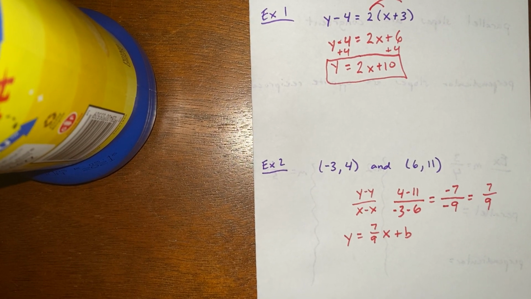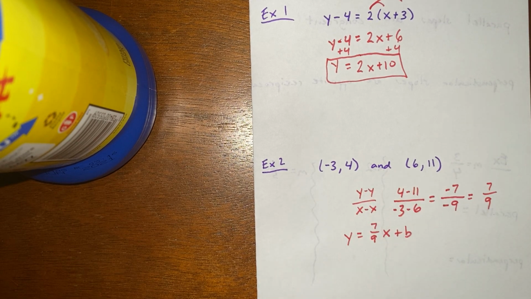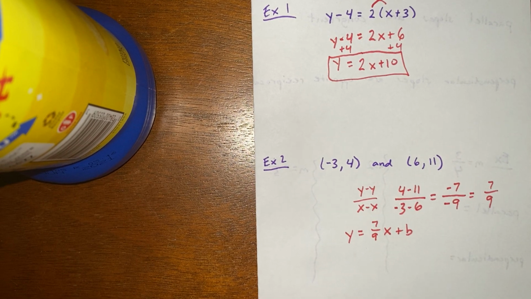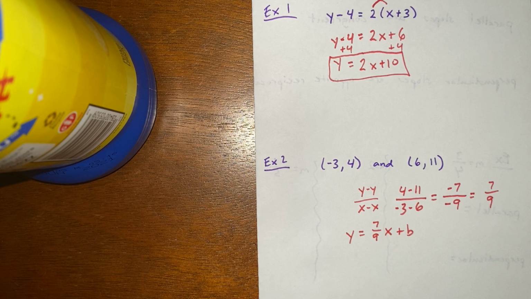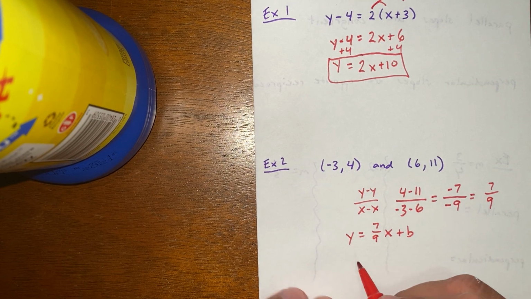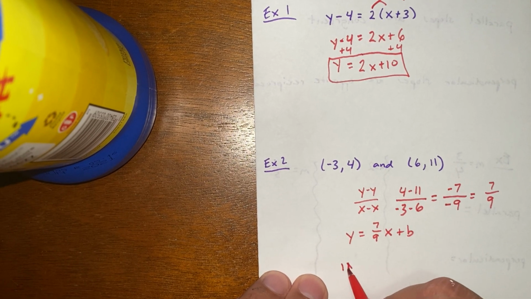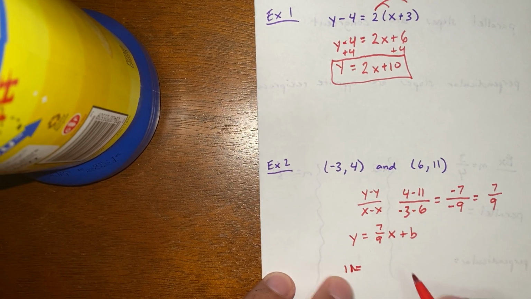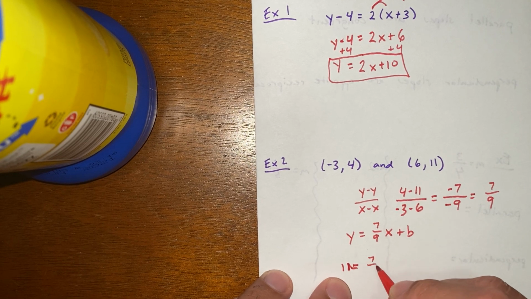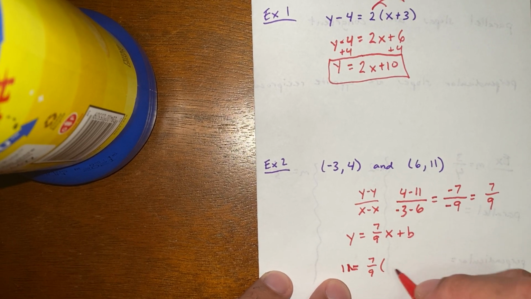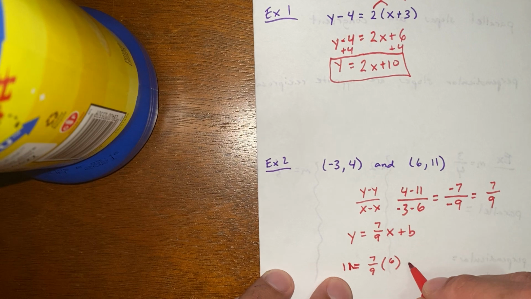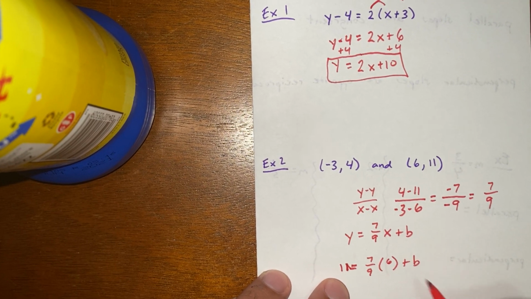Now I need to find the b. I can use either point, and since this one's positive, I like that one better. So my y is 11 equals 7/9 times 6, plus b.